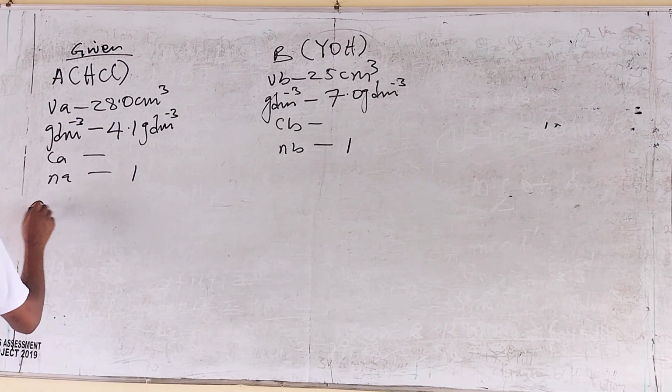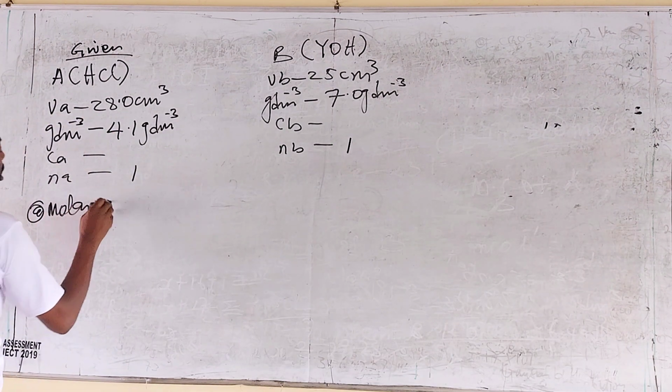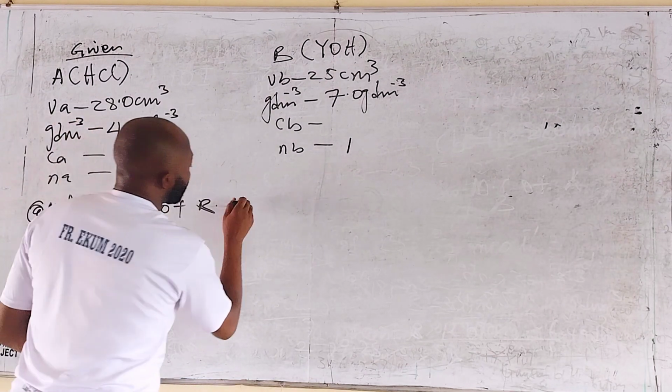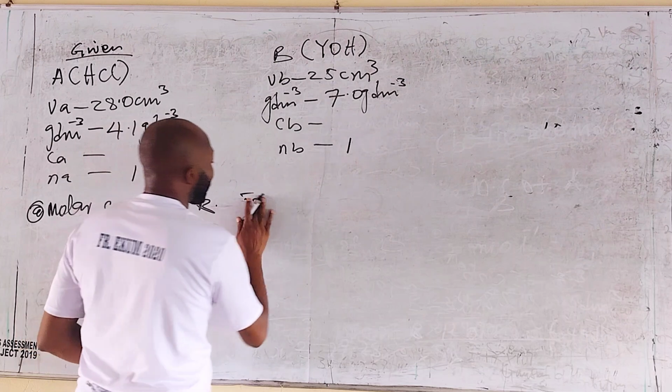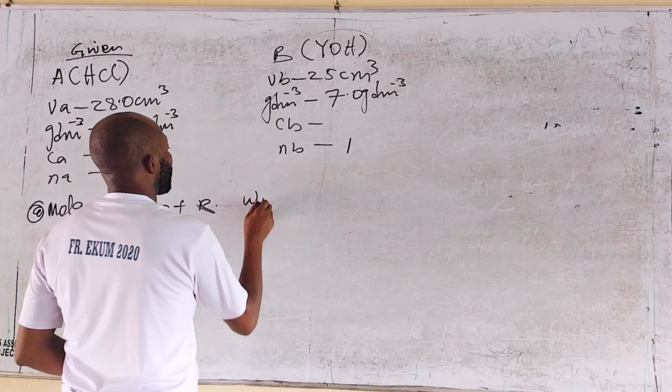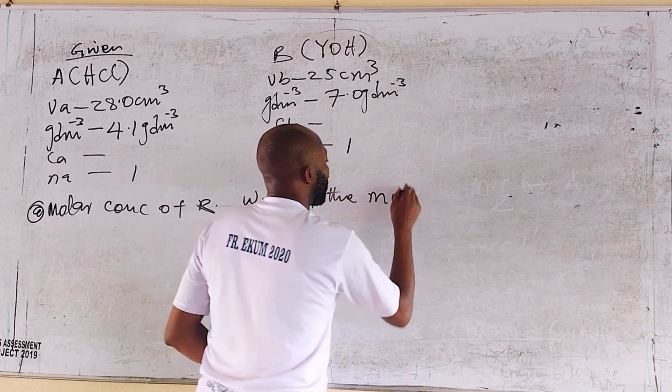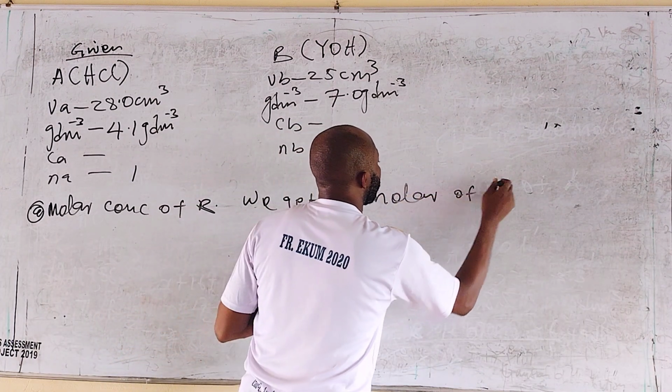So, let's say, molar concentration of B. To do that, we get the molar concentration of A first.